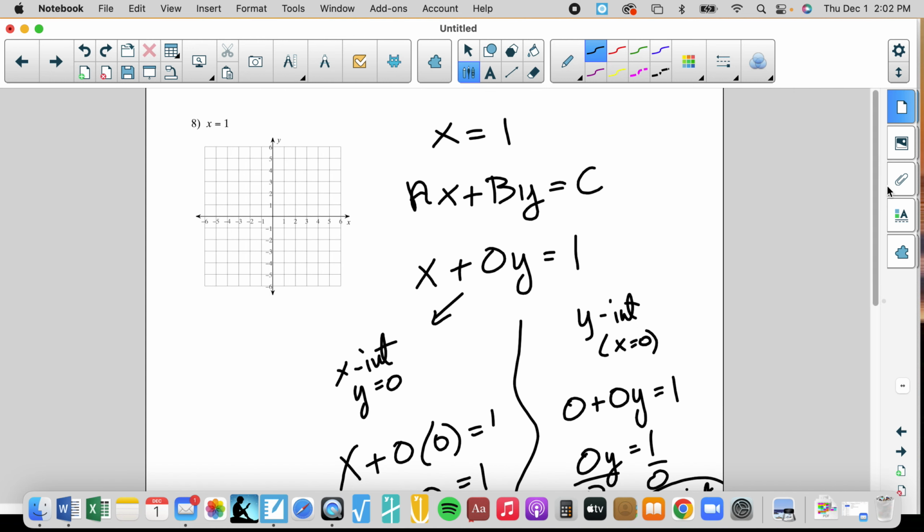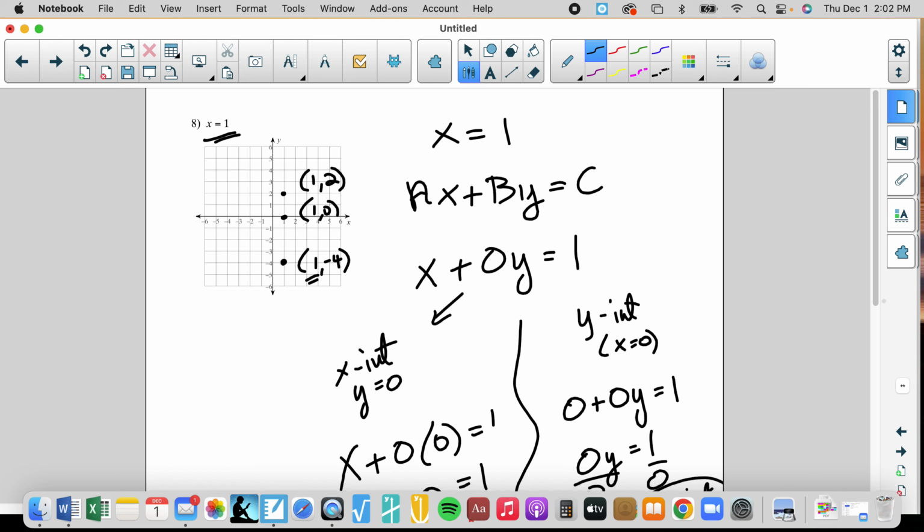So if my x-intercept is 1, on the x-axis 1, and no matter what I plug in for y, my x is going to be 1. So where's another place my x can be 1? It can be 1 here. It can be 1 here. This coordinate is 1, -4. Notice my x value. This coordinate is 1, 0. That's my intercept. This is 1, 2.